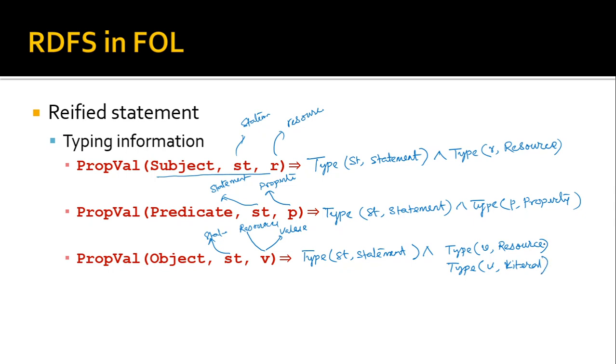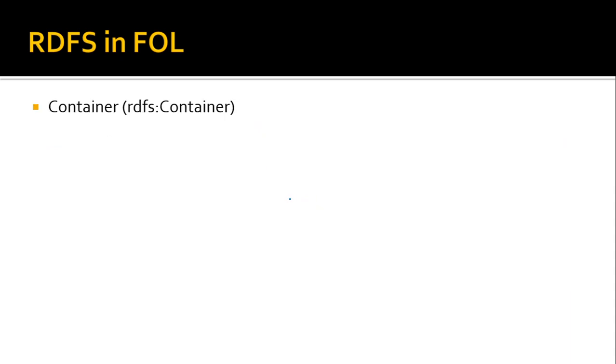And you have to have an or relationship between them, either a resource or a literal, but not both, right? And what you can do, you can write a bracket, put parenthesis before and after this expression, right? So this is how we can represent the typing information for different elements in a Reified statement, right?